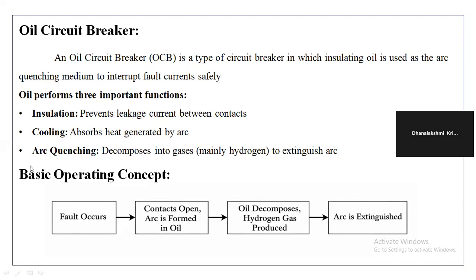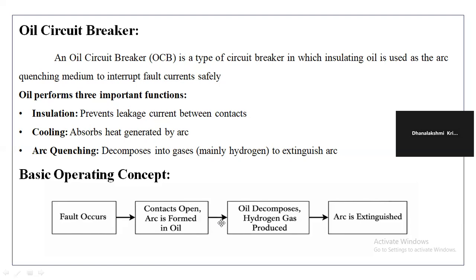So this is the basic flow diagram of the basic operating concept. When a fault occurs, the contacts are opened under oil and the arc is struck between them. The heat of the arc evaporates the surrounding oil and it is dissociated into a substantial volume of gases, mainly hydrogen at high pressure.